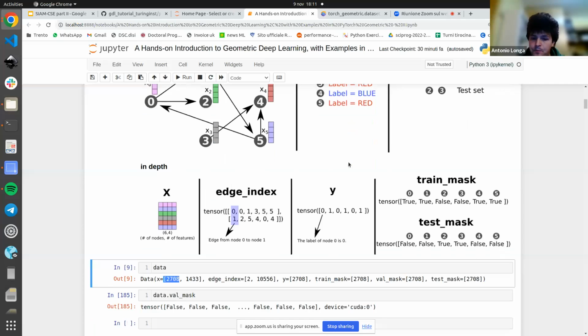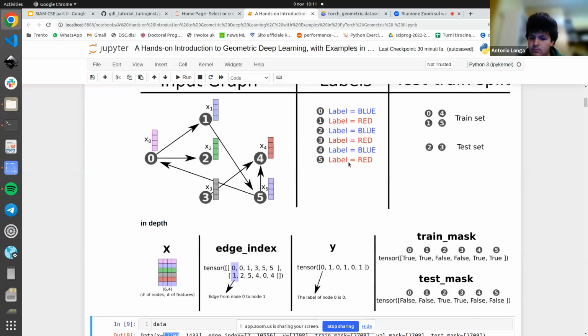And finally, we have the train mask and the test mask. Why? Because we would like to use some nodes to train our graph neural network and other nodes to test if what we learned is correct. So how are those masks made?